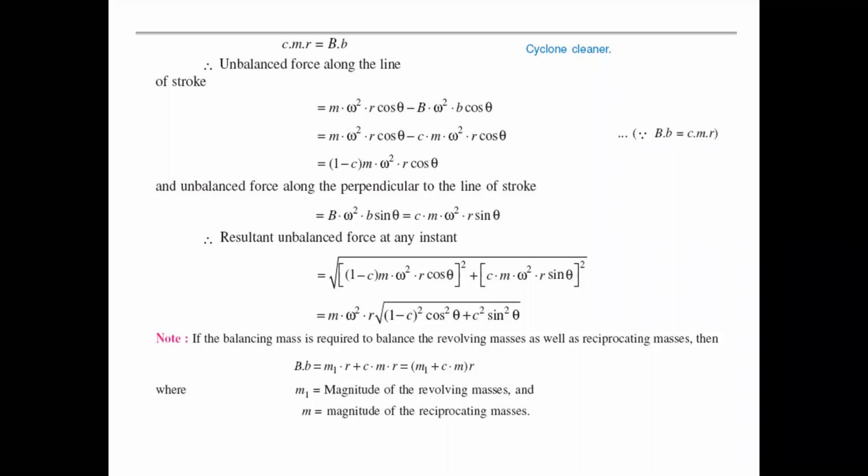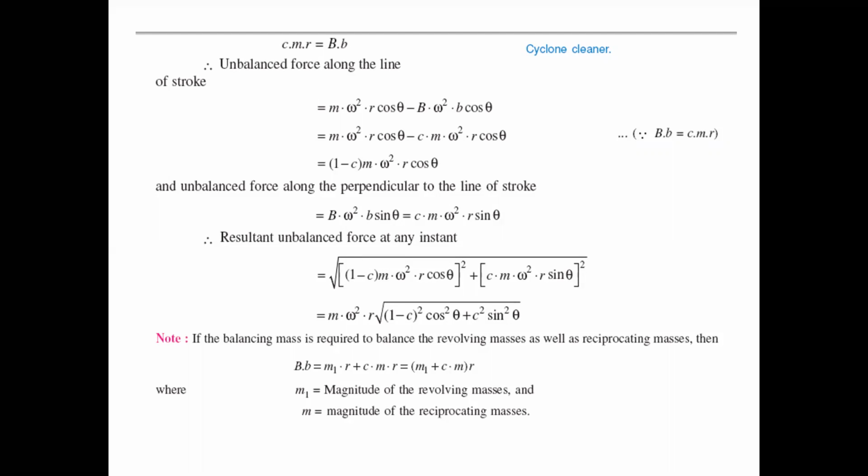Now we write the unbalanced force perpendicular to the line of the stroke. That value has only the vertical component, which is B omega square b sin theta. It is also written as c m omega square r sin theta.